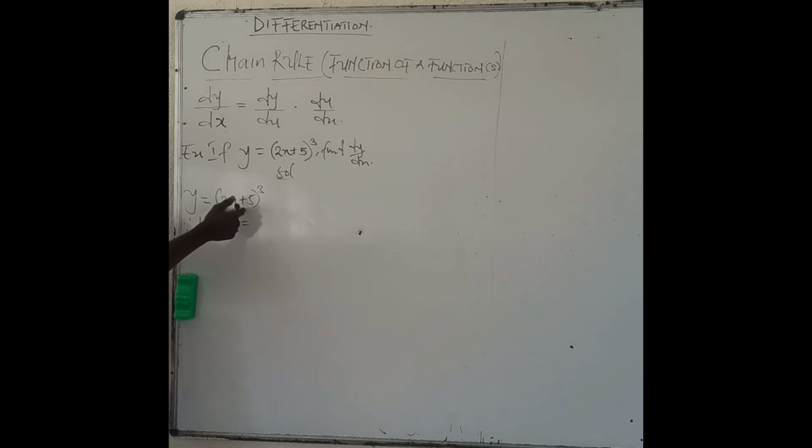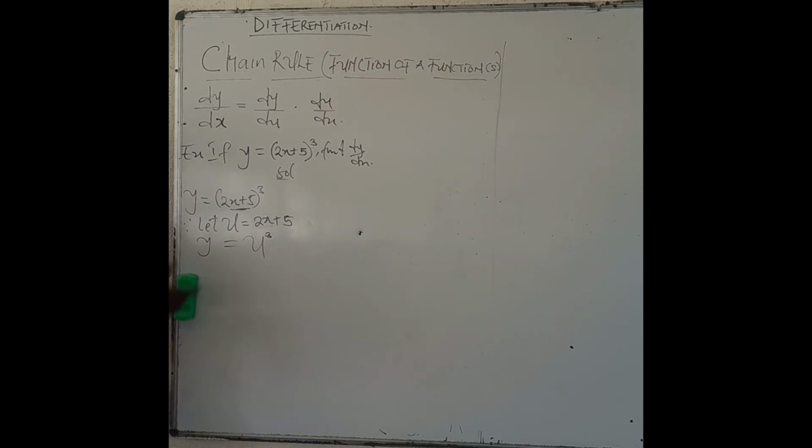And what is the inner function? Let u is equal to 2x plus 5. So when u represents 2x plus 5, which is the inner function, y is representing u raised to power 3.